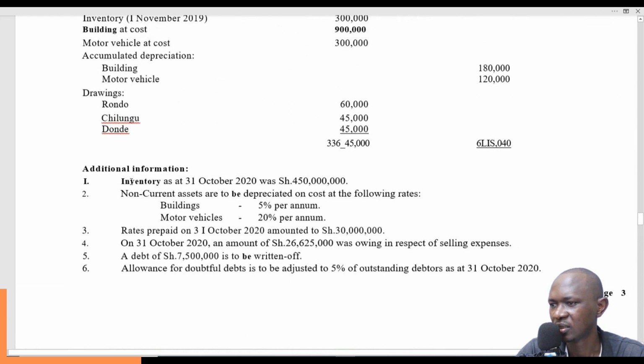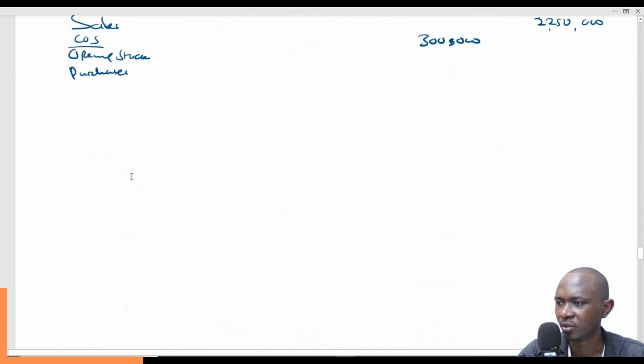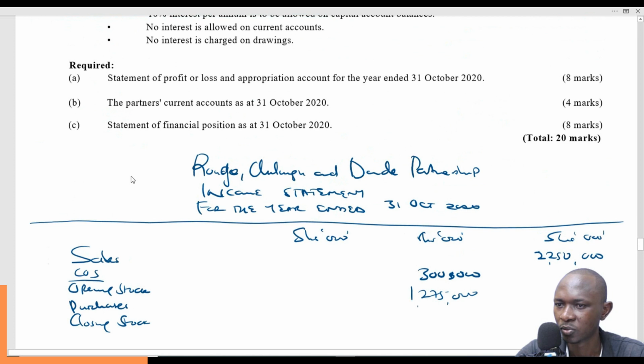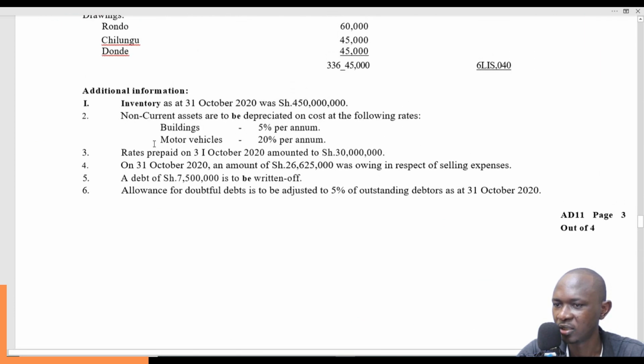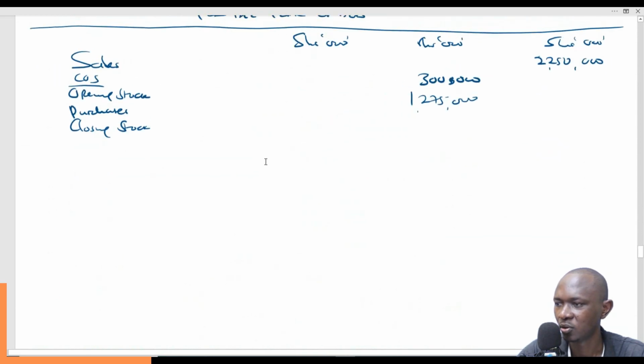So purchases is 1275,000. And of course we less the closing stock. Closing stock is normally under the additional information. So 450,000. Remember those zeros, now we have to restrict them.